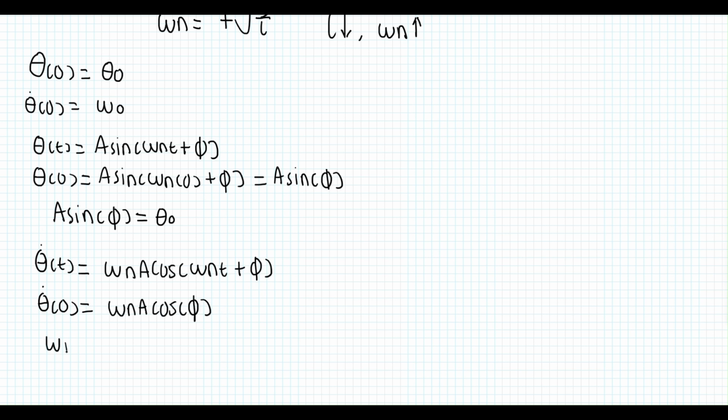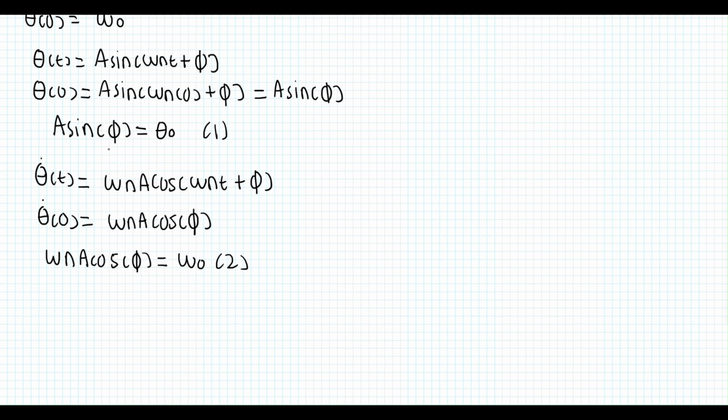And that expression is equal to our initial angular velocity of the pendulum. So here we have two equations, and you'll notice that both equations contain two of our unknowns. So they need to be solved simultaneously. So we have a set of simultaneous equations.